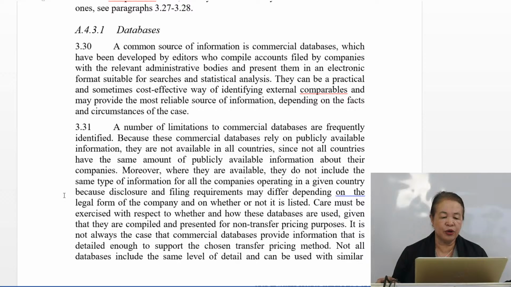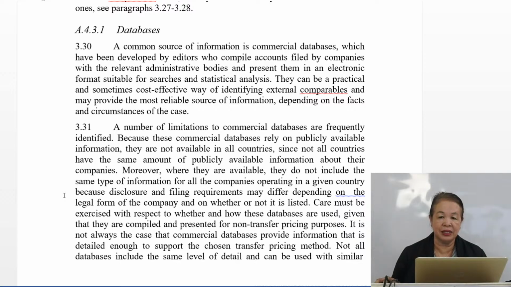Moreover, where they are available, they do not include the same type of information for all the companies operating in a given country because disclosure and filing requirements may differ depending on the legal form of the company and on whether or not it is listed. So depende doon sa private companies at saka yung publicly listed companies, madali lang maghanap ng information on the publicly listed companies kasi available siya in public.